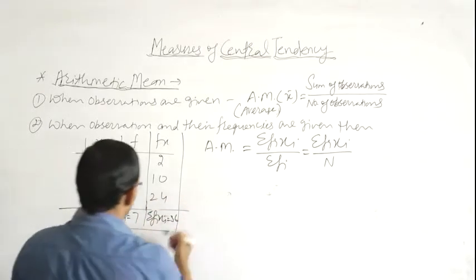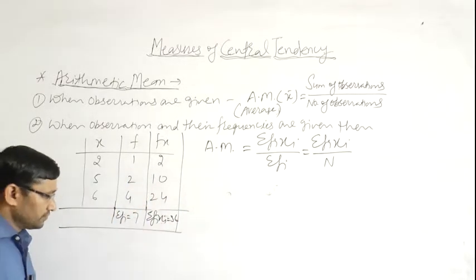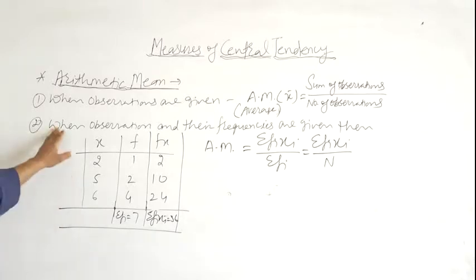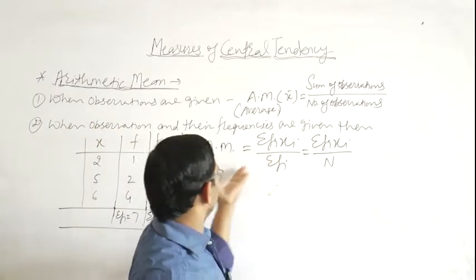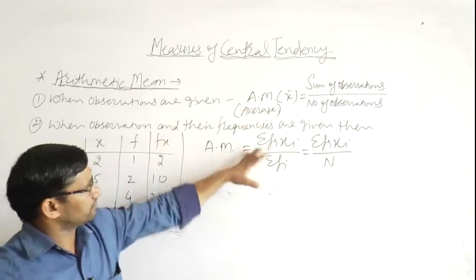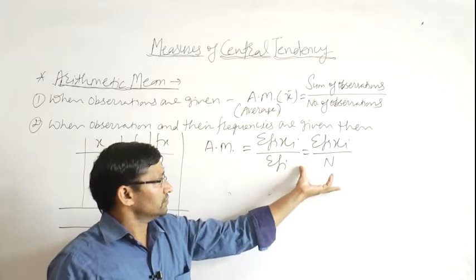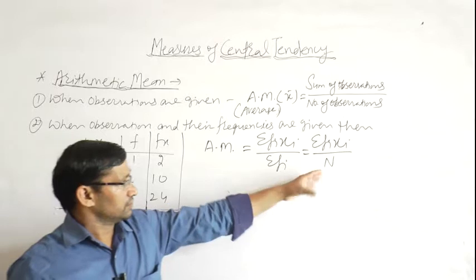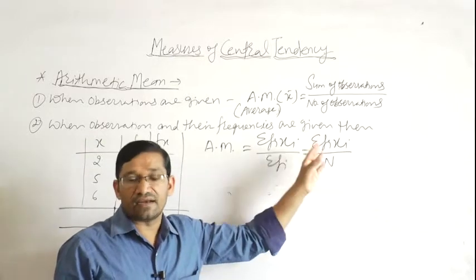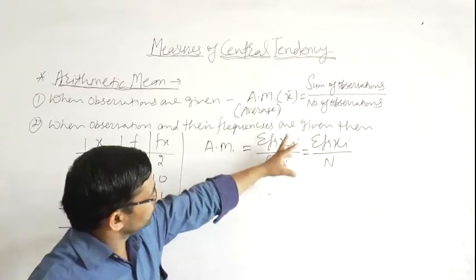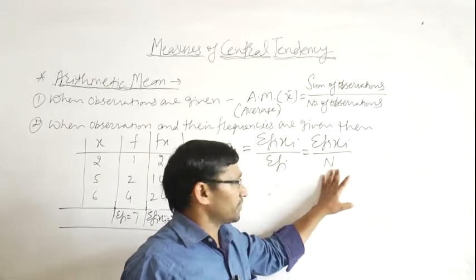So arithmetic mean is equal to 36 divided by 7. So when observations and their frequencies are given, we use arithmetic mean is equal to sigma fi xi upon sigma fi, equal to sigma fi xi divided by capital N.